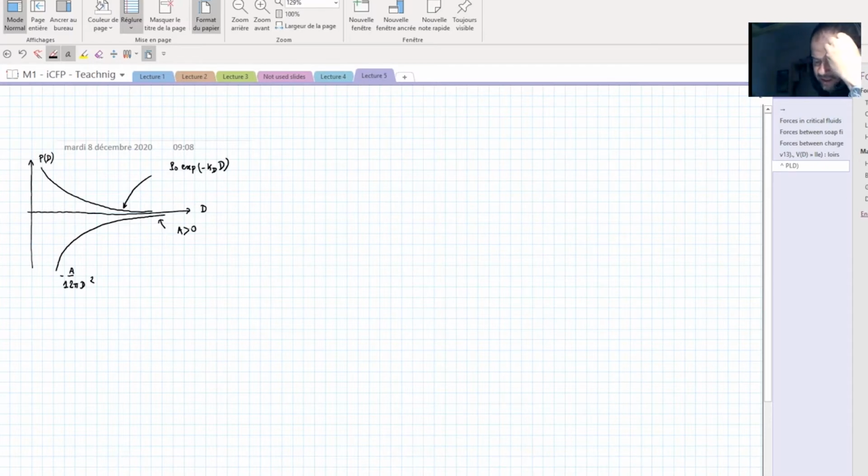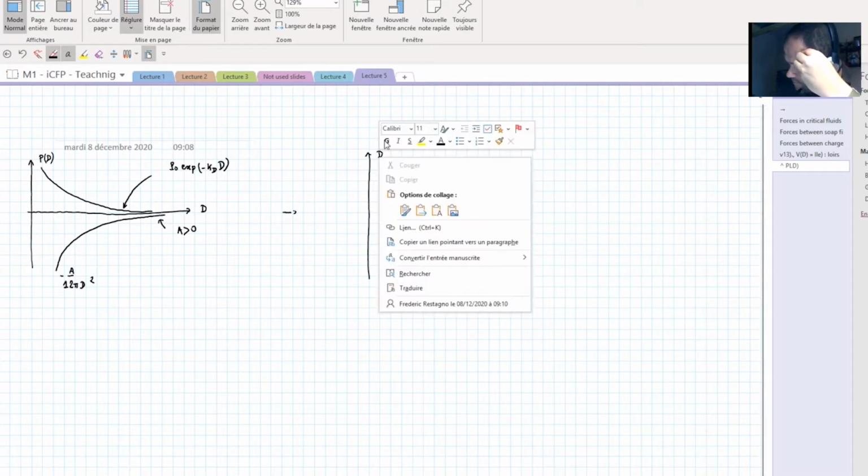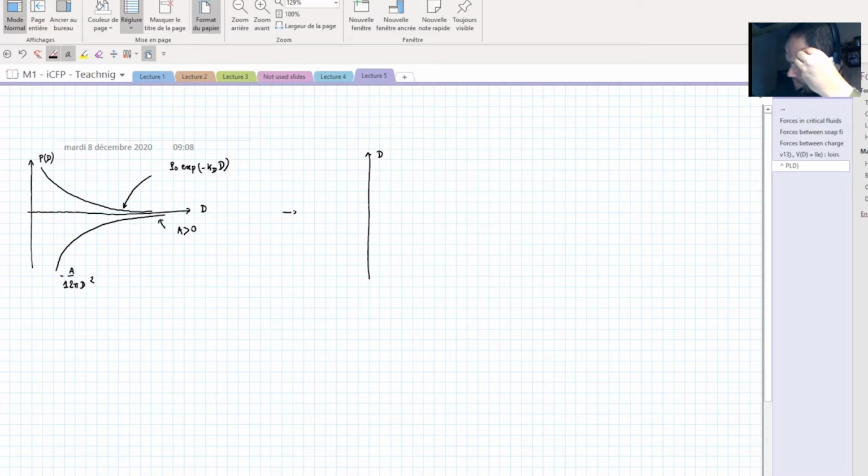So here you see that we can have different situations. The resulting P over D curves could have different shapes depending on what dominates between these two curves.